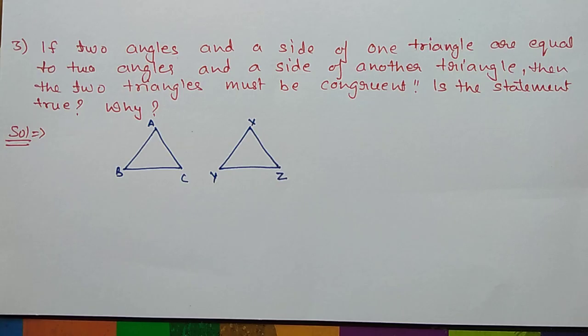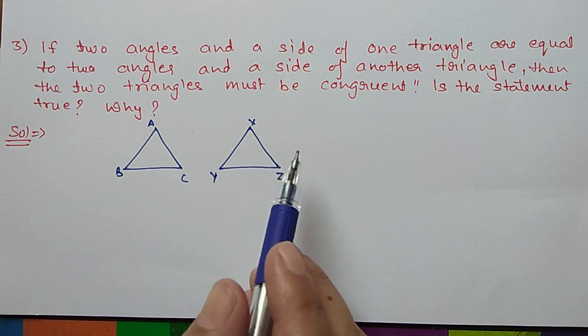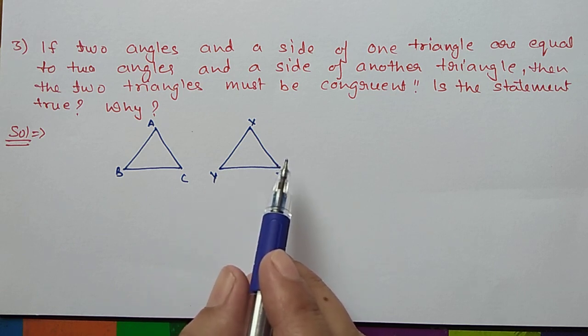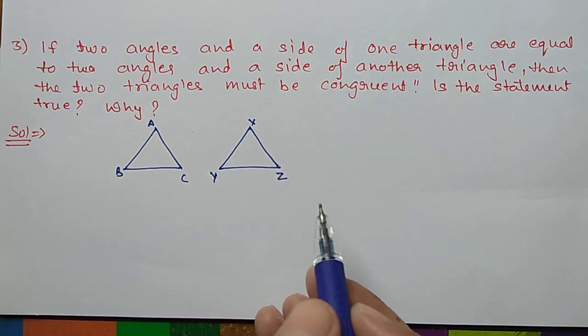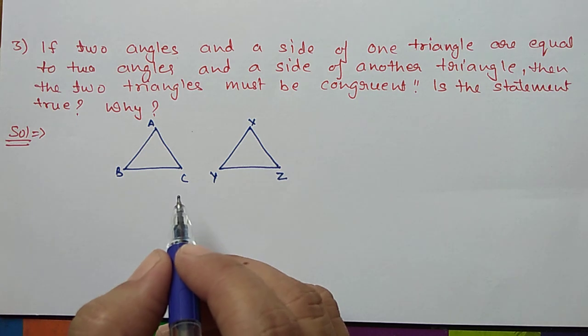Next, question number 3. If two angles and a side of one triangle are equal to two angles and a side of another triangle, then the two triangles must be congruent. Is the statement true or false? They have given two angles and one side of a triangle equal to two angles and one side of another triangle, but they have not mentioned the position, whether they are corresponding angles or sides or not.